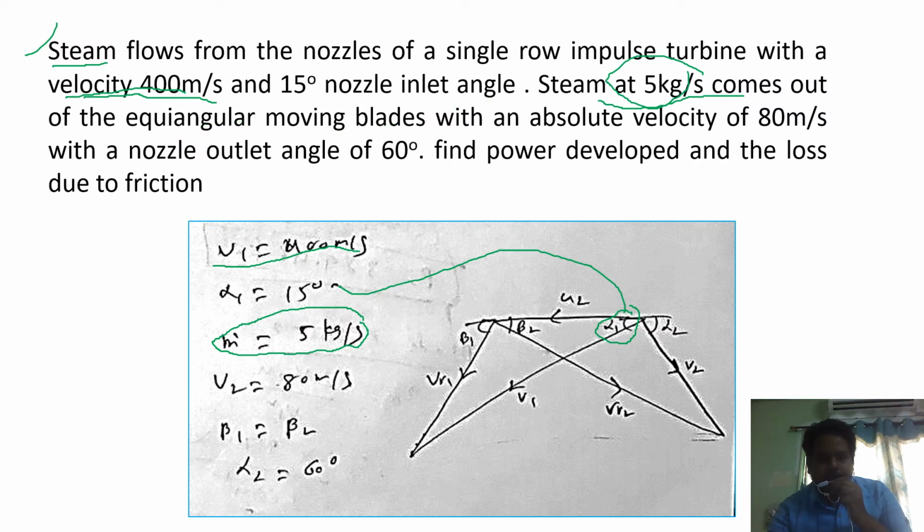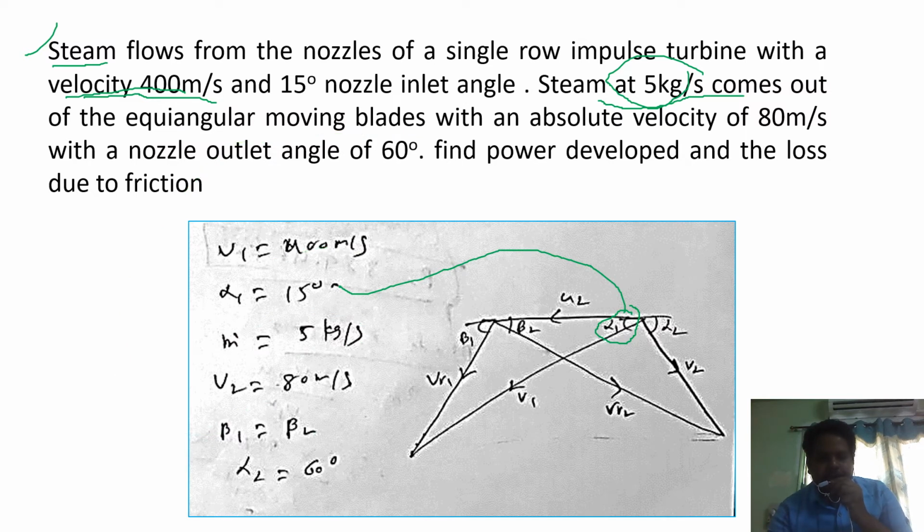And also they mention that steam comes out of the equiangular moving blades. Equiangular means the blade angles are equal, that means beta 1 equals beta 2.